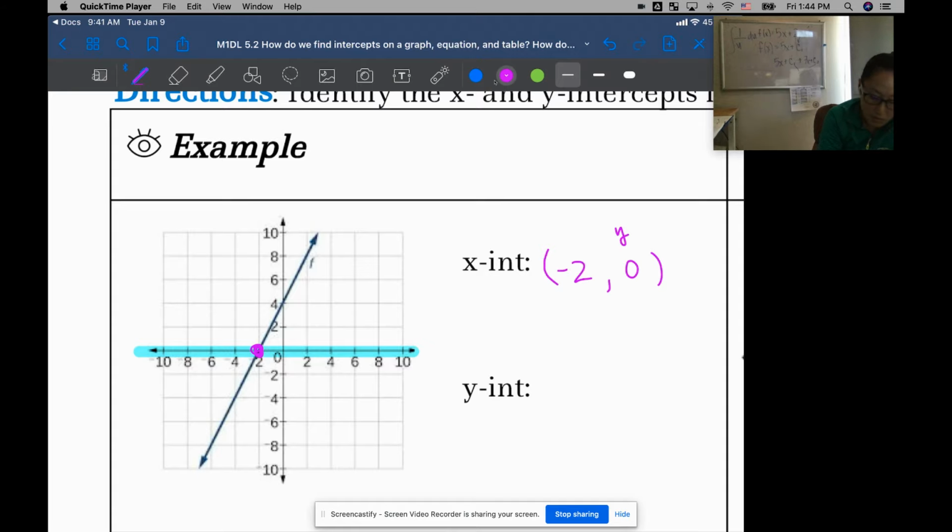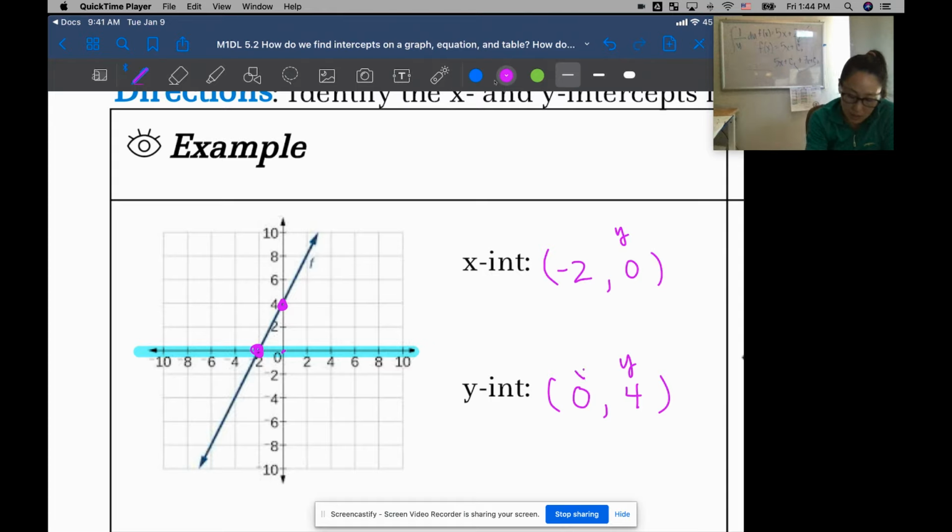The graph is counting by 2, so be careful there. The y-intercept looks like it's crossing at 4. So the y value gets the 4, and then we move 0 units away in the x direction. So I stay right on 0 and then just move up.